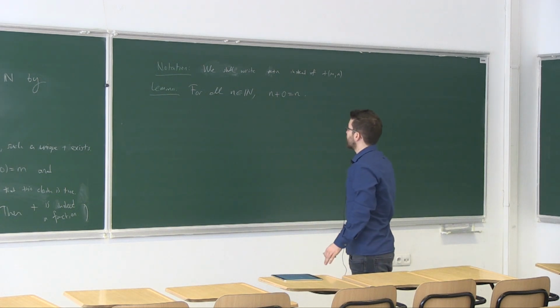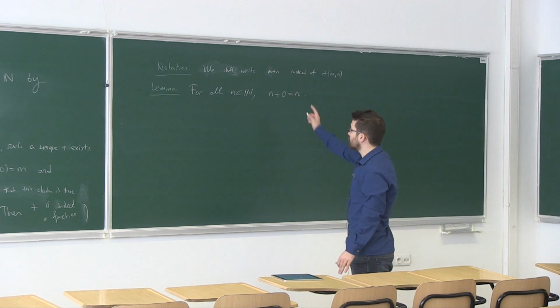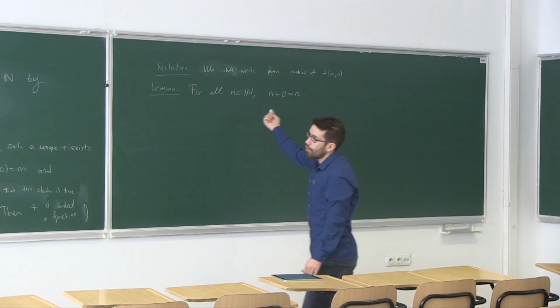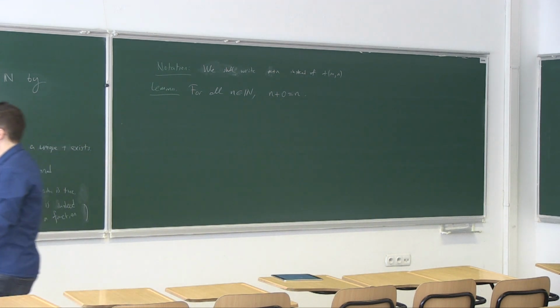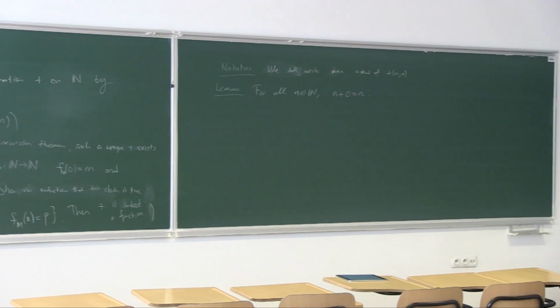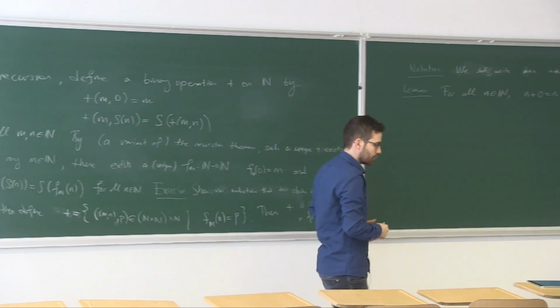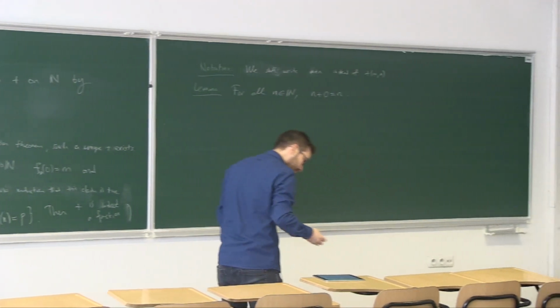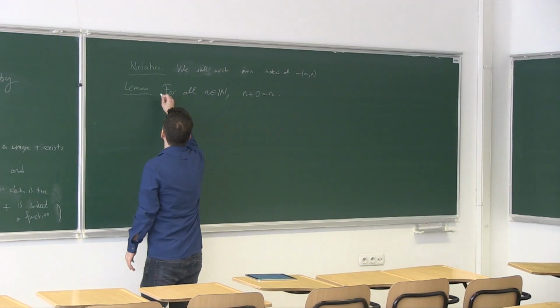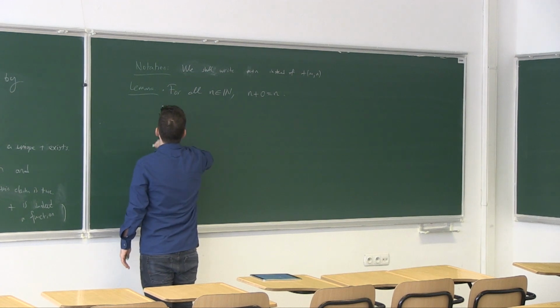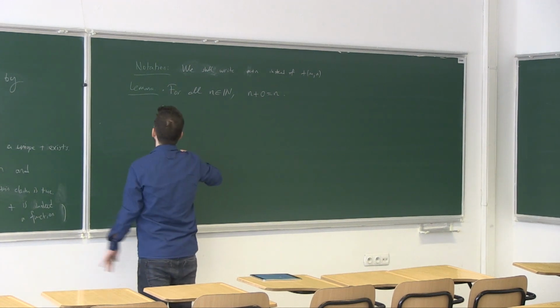The first lemma is, if you add 0 to any natural number n, you get n. Why is this the case? It's the case because, well, I just defined it that way, okay? That's actually a part of the definition. Maybe I shouldn't call it even a lemma. And the second fact is, well, I'm just going to restate it.